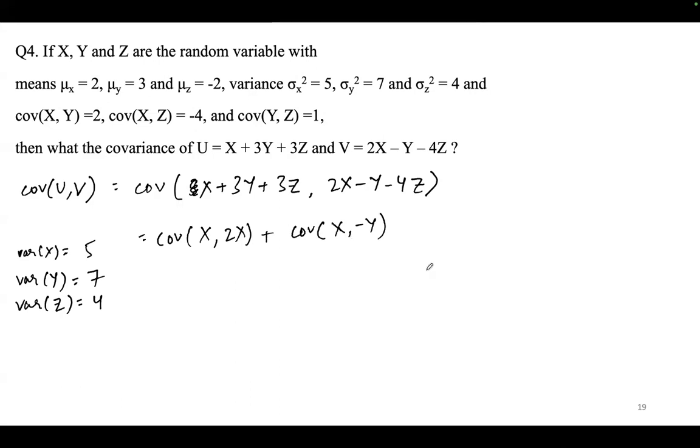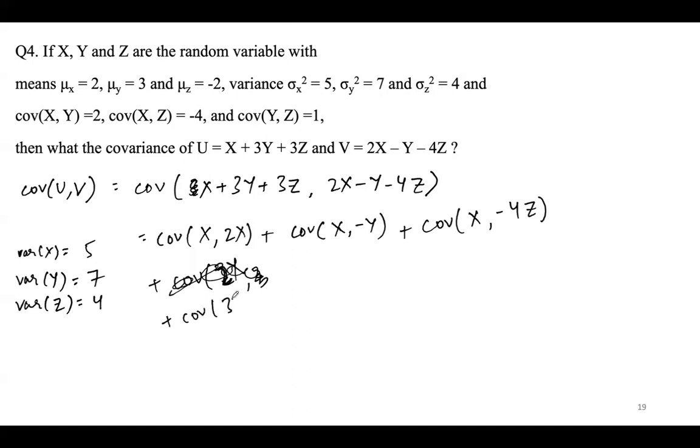I don't think this formula was explicitly talked about in the lectures, or I might have missed it, which is why the question here makes it clearer. Then we want to calculate the covariance of X with minus 4Z plus covariance of 3Y and 2X, or rather you can write it as 2X. Oh, sorry, my fault.